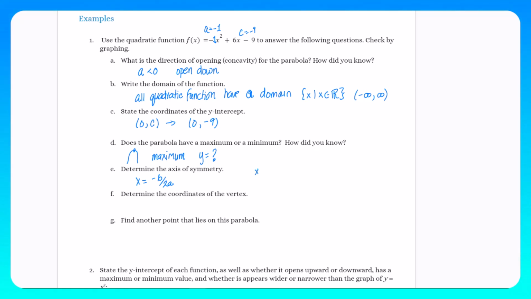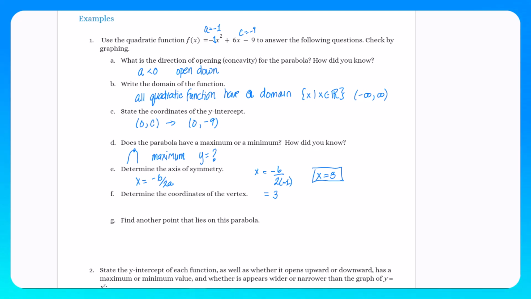We know our b value is 6, and our a value is negative 1. Therefore, we always work vertically. Negative 6 divided by 2 times negative 1, which is negative 2, is a positive 3. So the axis of symmetry is x equal to 3.